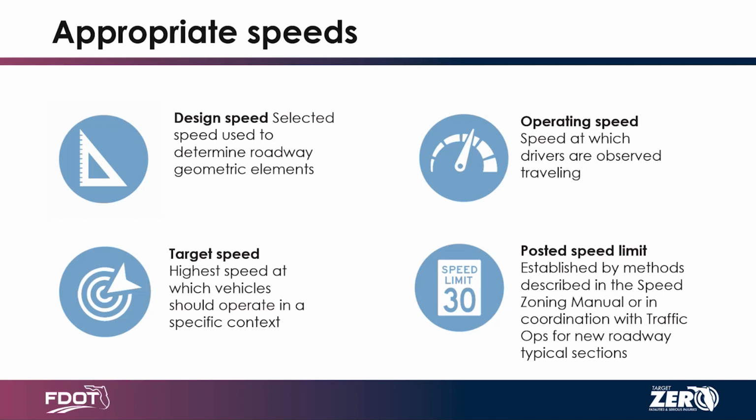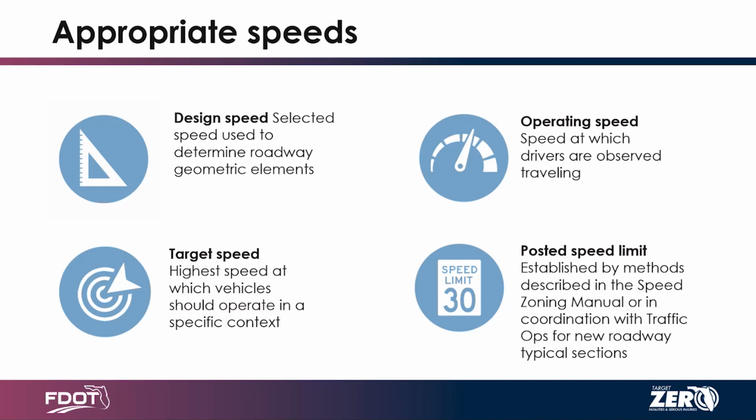The operating speed is what the people on the roadway are actually traveling at. So if you went out and did a speed study and you said, hey, 85% of the people out here are traveling 45 miles an hour, that's your operating speed. Your target speed is the speed at which you say, this is what this roadway needs to be at. We don't want to rely on what everybody in the public thinks they should be traveling.